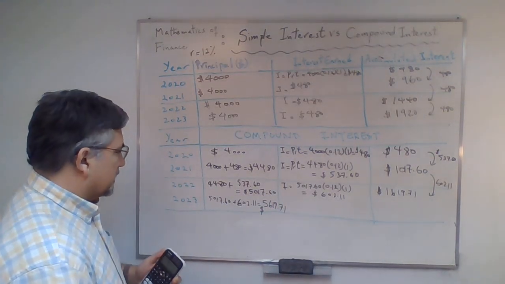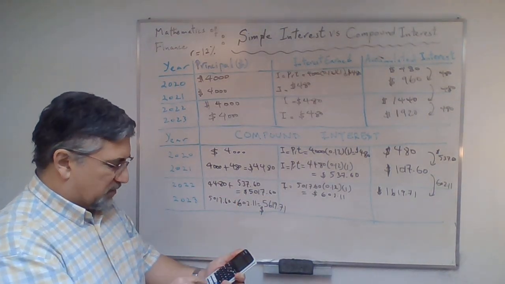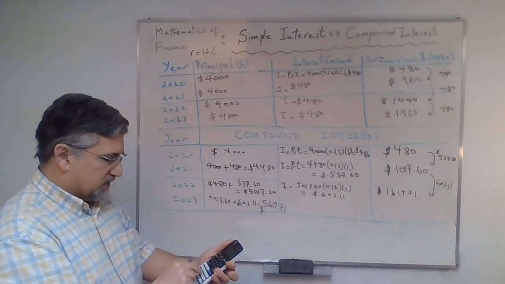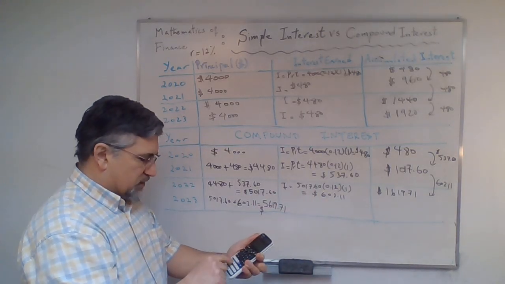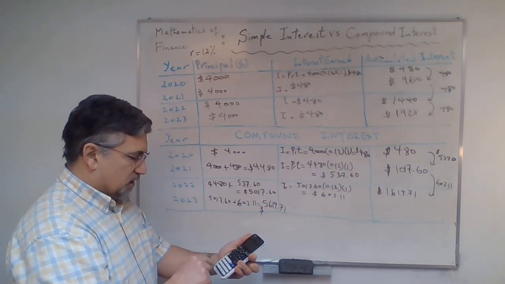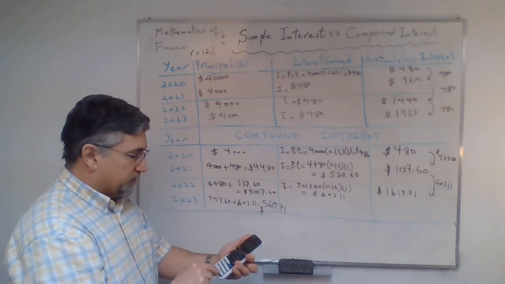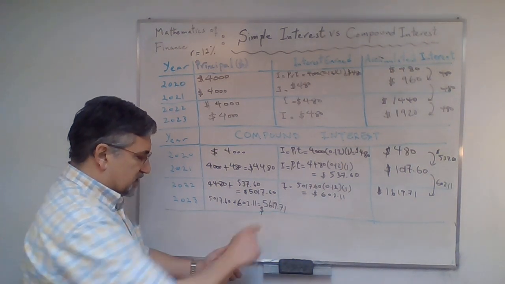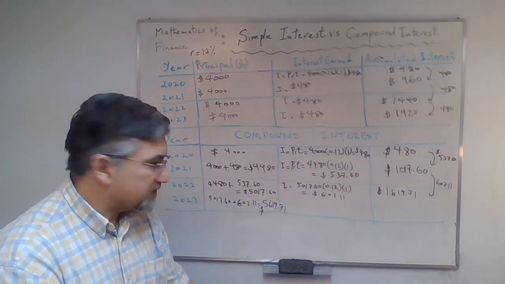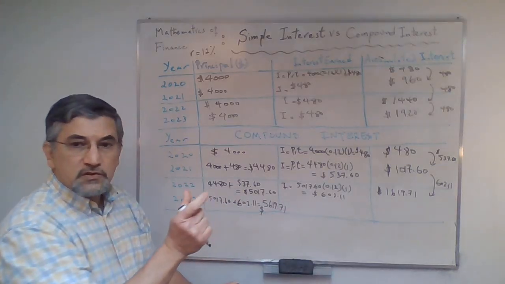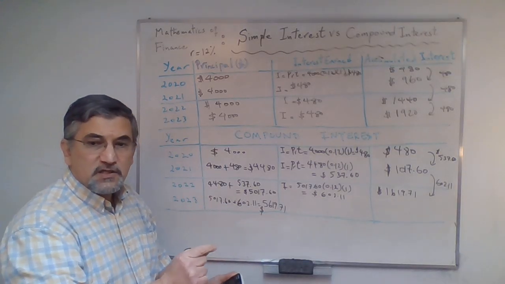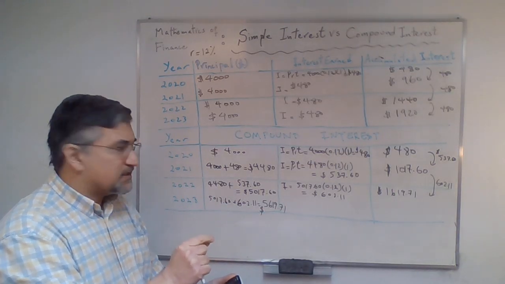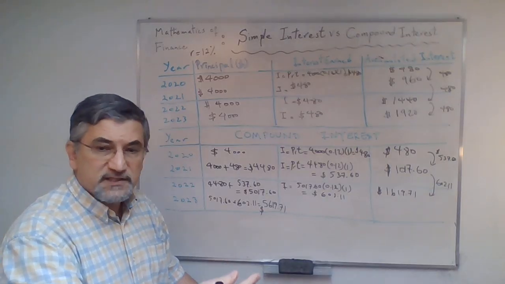So we added the previous principal, 5,017.60, plus the amount of interest we received at the end of the third year, 602.11, and that gives us $5,619.71. So this is the new principal that has to be used to calculate the amount of interest at the beginning of the fourth year of the investment.